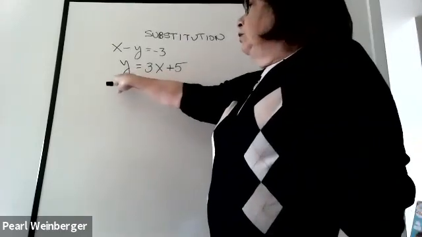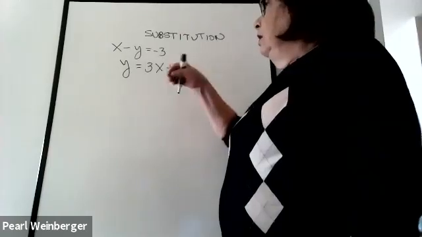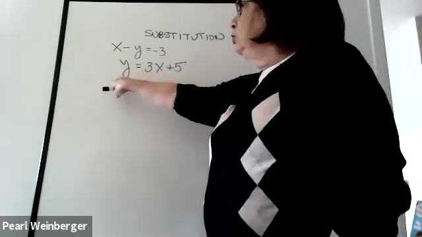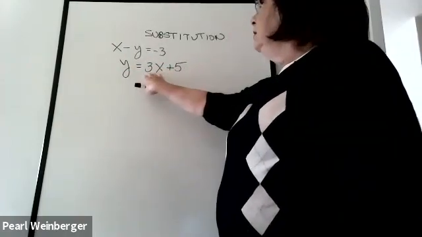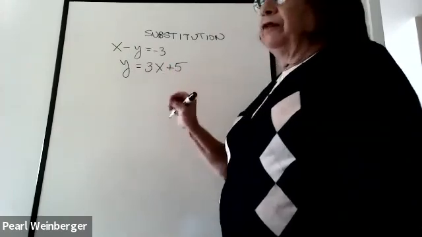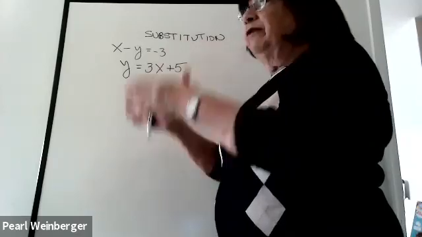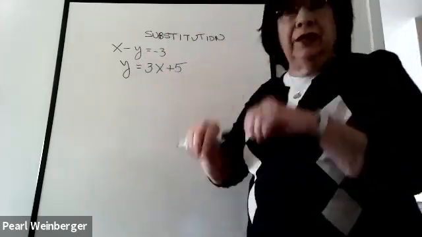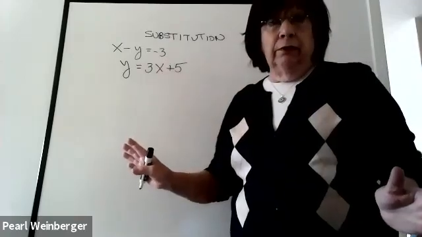If you look at this equation saying y equals 3x plus 5, what that equation is telling us is that y has two names. It has the name y, but it also has the name 3x plus 5. Y and 3x plus 5 can be used in this particular problem interchangeably.